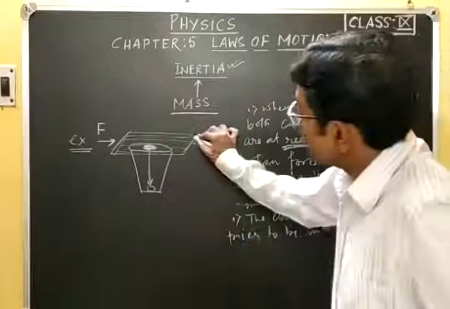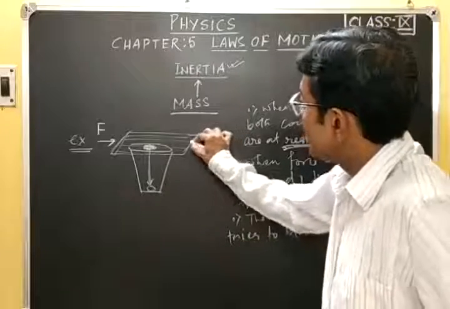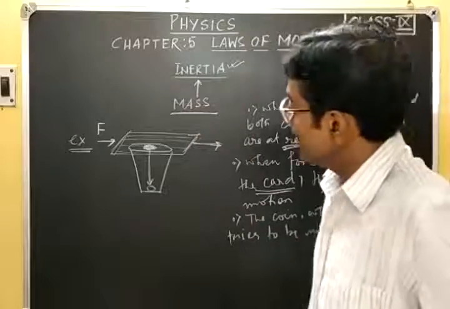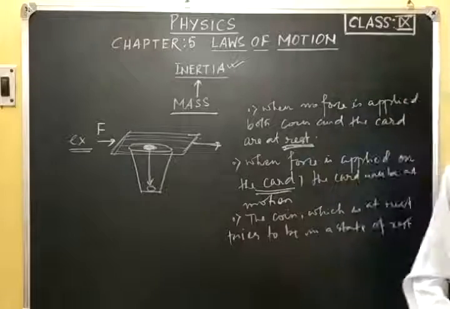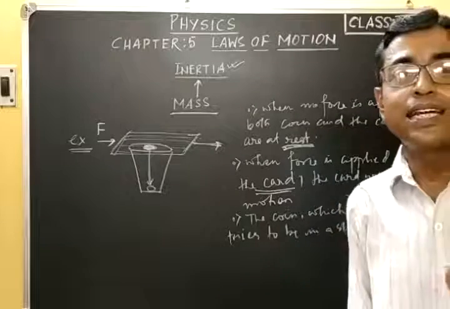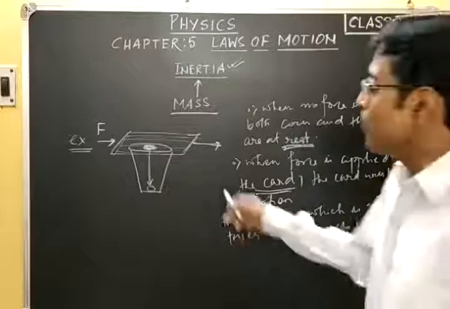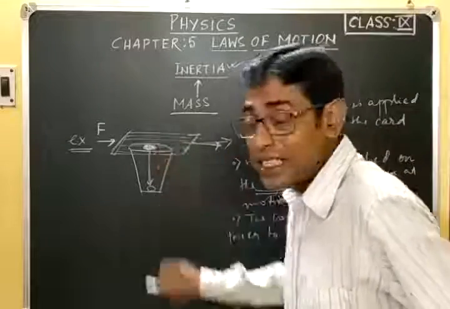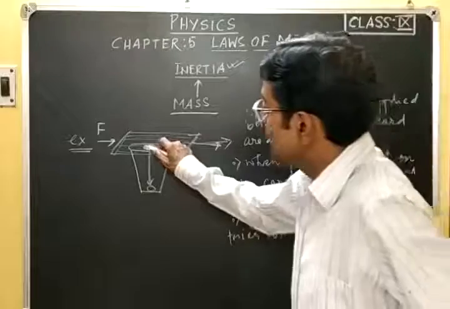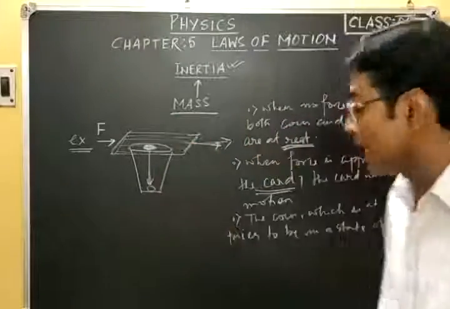So this card is going away due to inertia of motion, and the coin which is placed on the card tries to be in a state of rest. So what will happen? The card will fly away, and due to inertia of rest, the coin will drop into the glass.